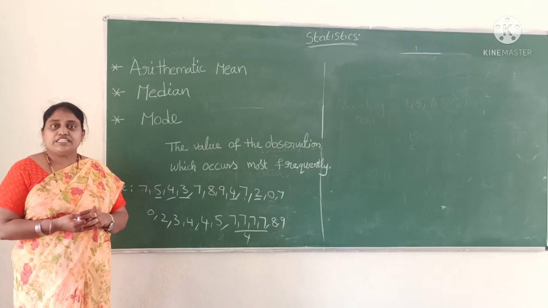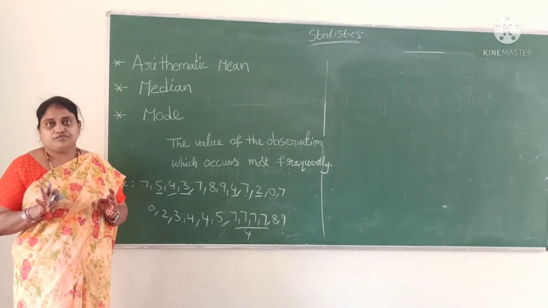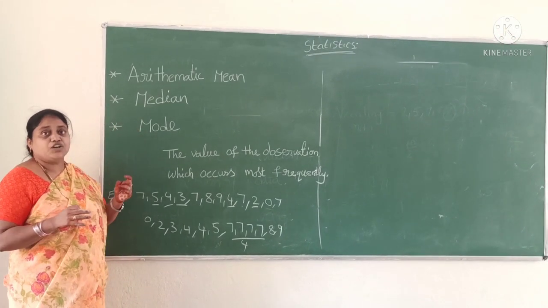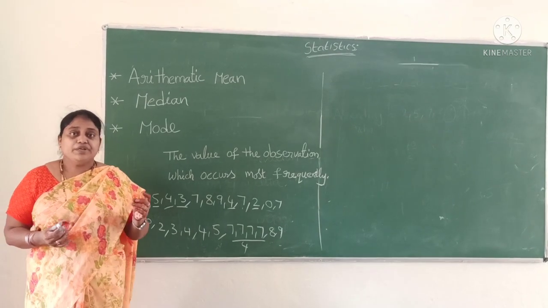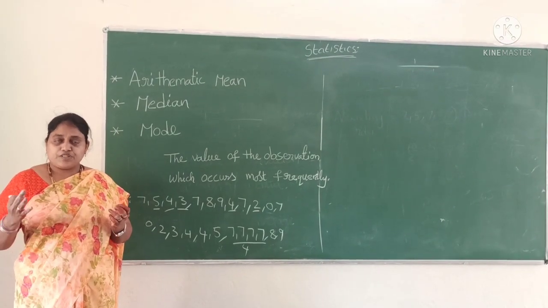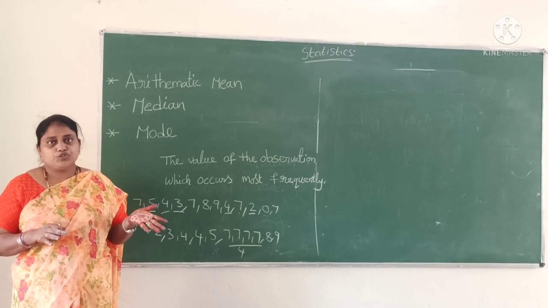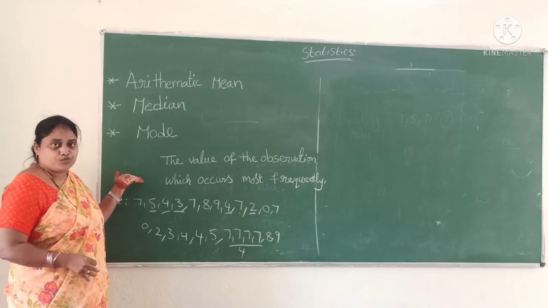First one is the simple method and second one is the deviation method. The second one is median. How we calculate median for raw data, if observations are in even or in odd. 2 formulas are given. And the third one is mode.